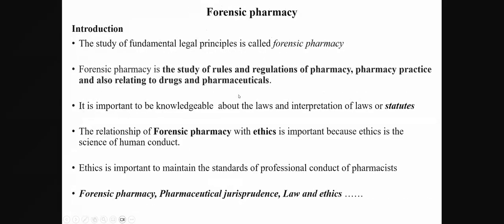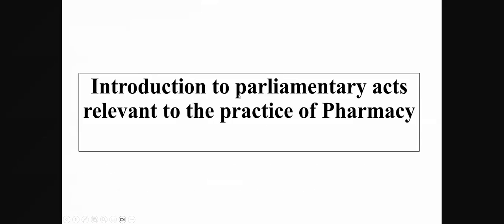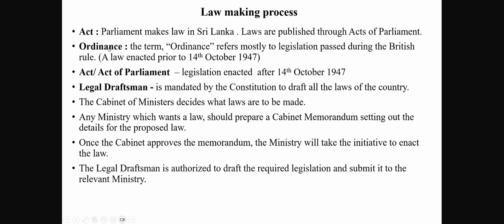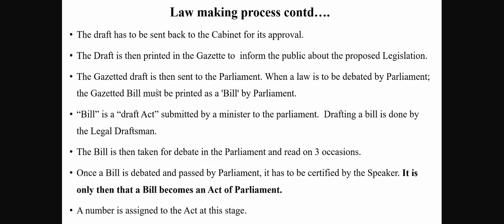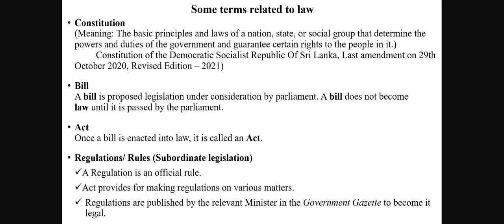So, what are the laws available? An Act is what Parliament makes into law. Ordinance refers mostly to legislation passed during the British rule, right? So, yeah, this is not relevant.